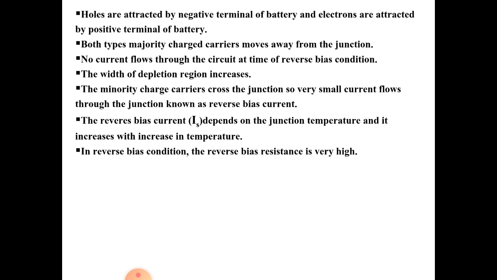So in a reverse bias junction we get a very small current, known as the reverse bias current. The reverse bias current, denoted as IS, depends on the junction temperature, and it increases with an increase in temperature. In the reverse bias condition, the reverse bias resistance is very high.